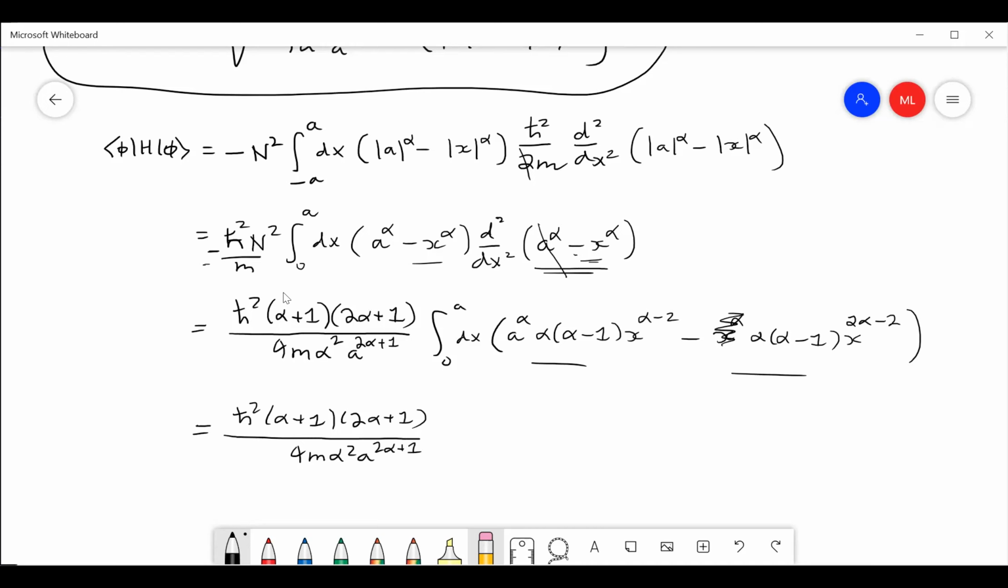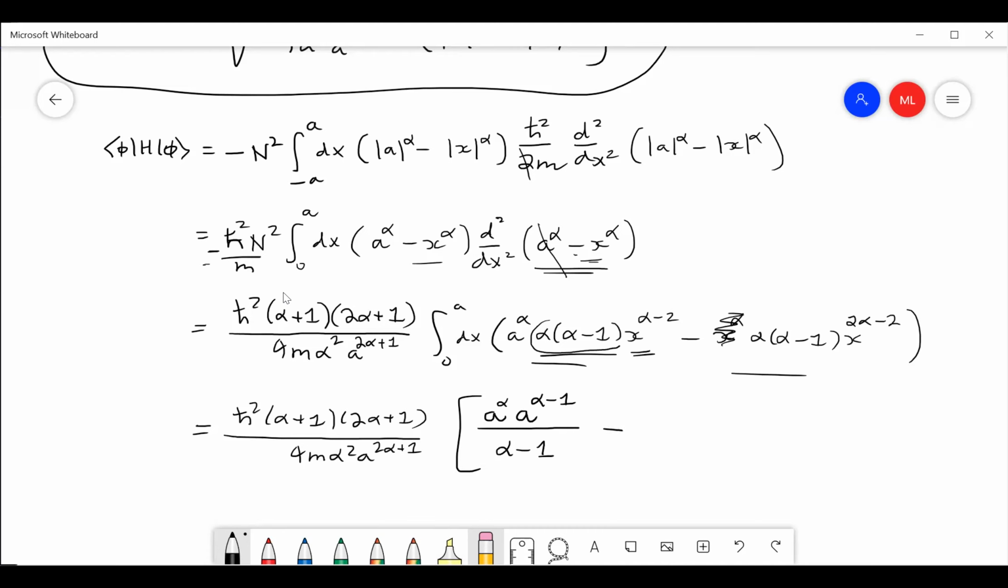And then, from this integration right here, you have to do this integral, so you divide by alpha minus 2 plus 1, which is alpha minus 1. So you just get a to the alpha, and then a to the alpha minus 1 coming from this x, and then all of it is divided by alpha minus 1. And I'm going to pull out this factor of alpha times alpha minus 1 outside of everything in a moment.